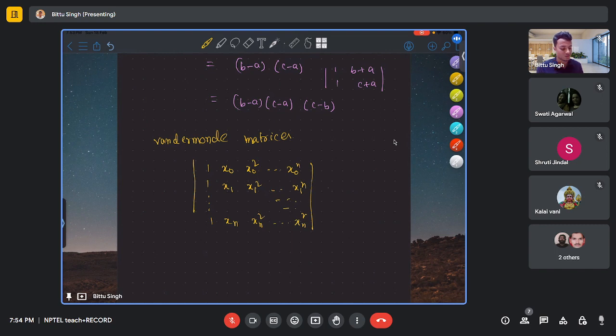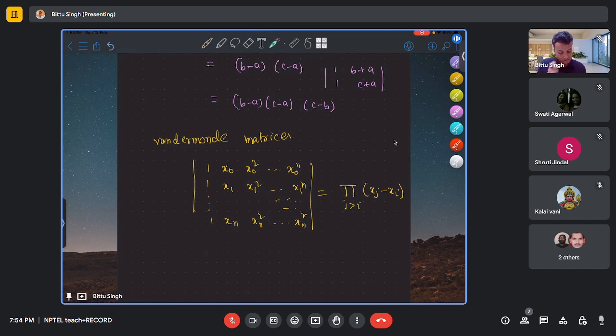So the determinant of these types of matrices is the same as the product of xj minus xi, where j is strictly greater than i. Okay.